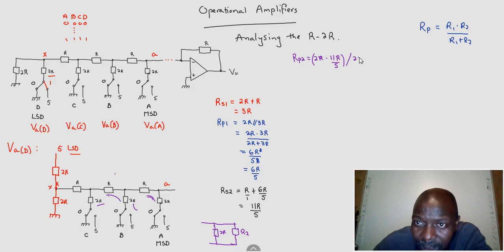So it's 2R plus 11R over 5. Now, what does this give us?